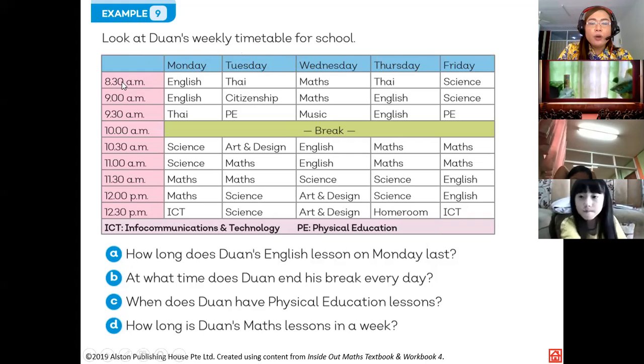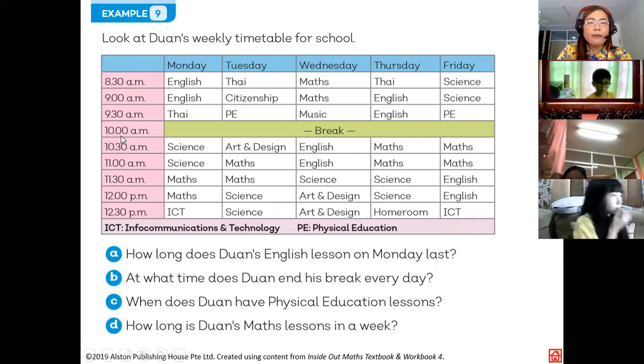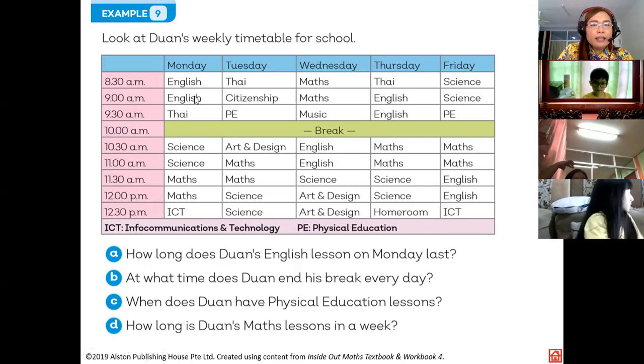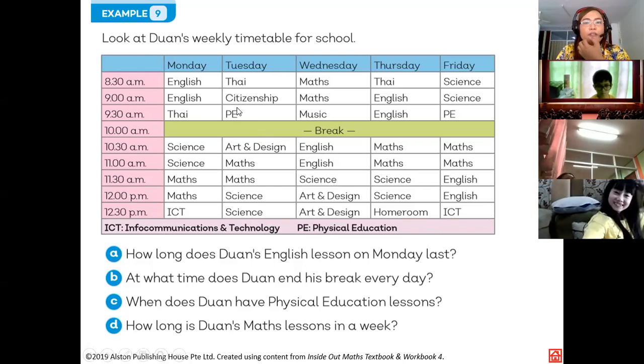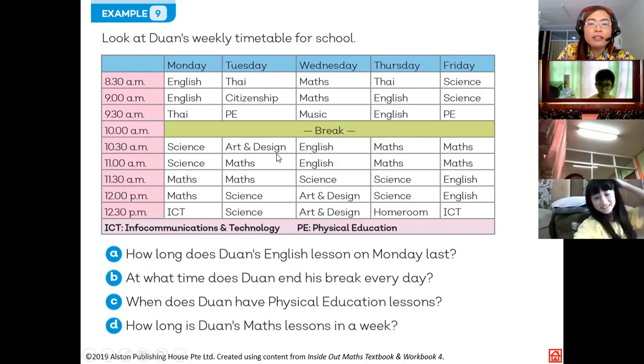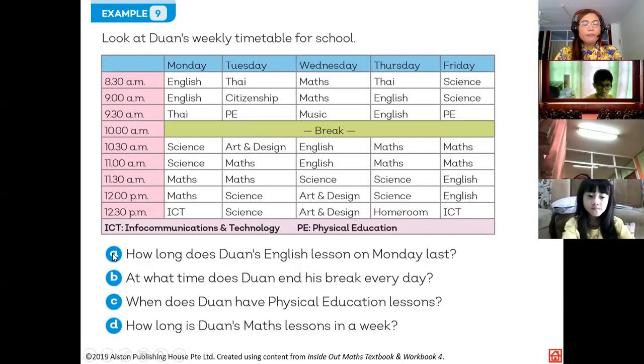And here we have the time: 8:30 a.m., 9 a.m., 9:30 a.m., 10 a.m., 10:30 a.m., 11 a.m., 11:30 a.m., 12 p.m., and 12:30 p.m. These are the subjects of Duan: English, Thai, science, math, citizenship, music, physical education, arts and design, and other subjects.